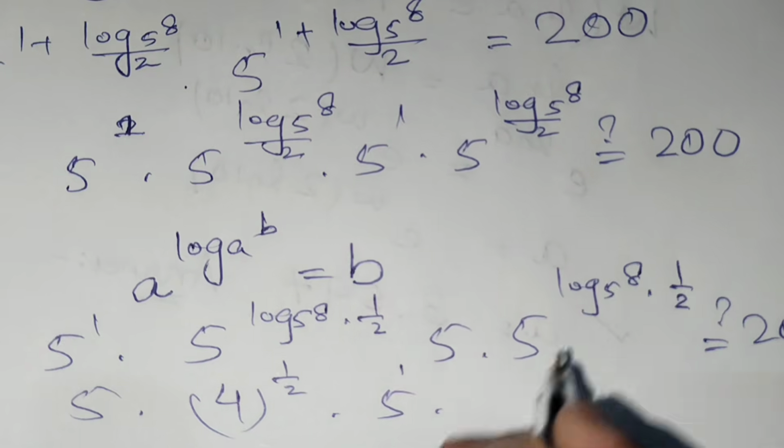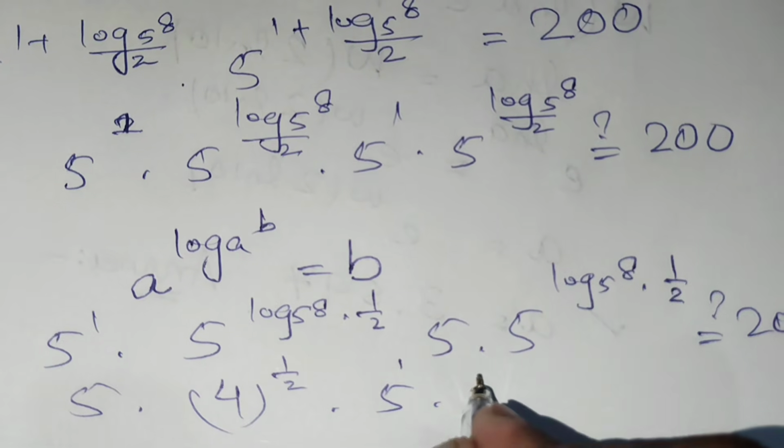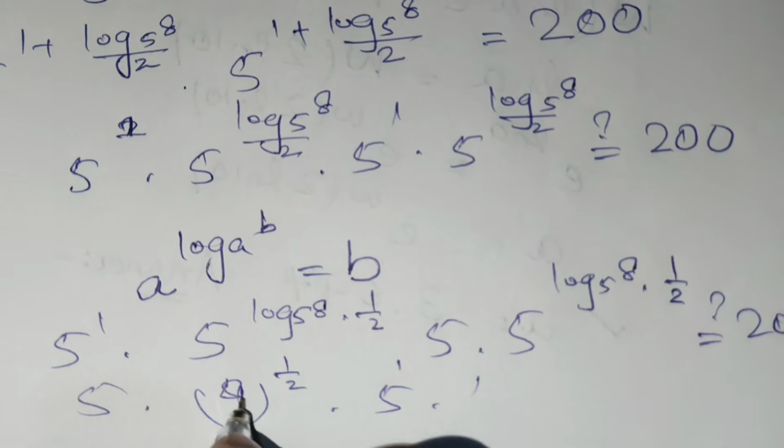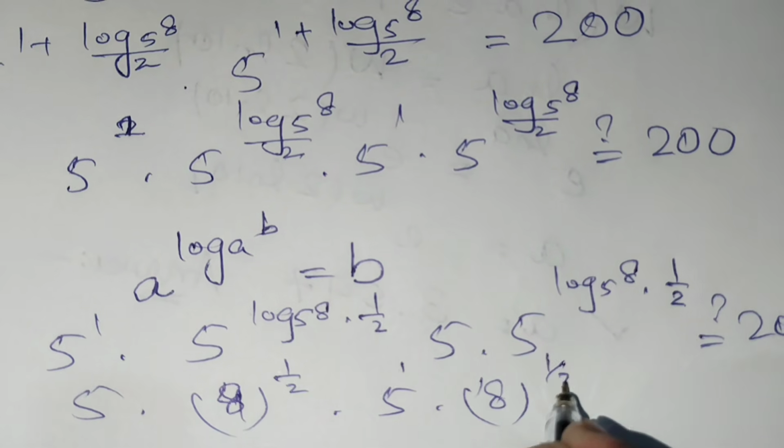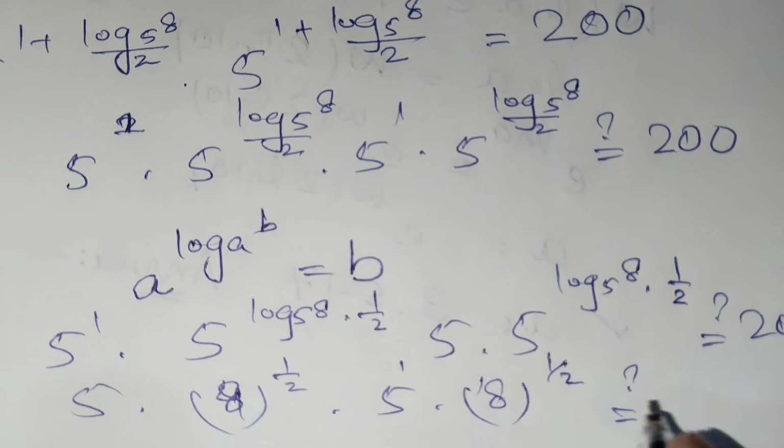This is 5, and this whole will be equal to 8 power 1 by 2. And this is 8 power 1 by 2. It's 200.